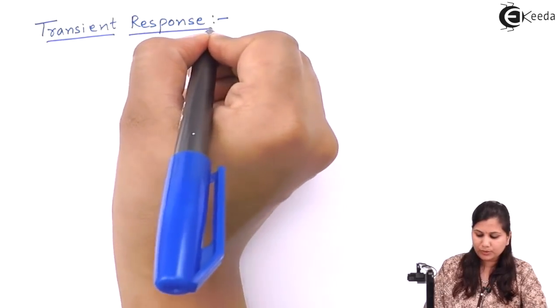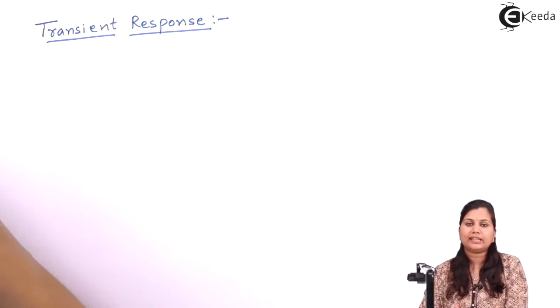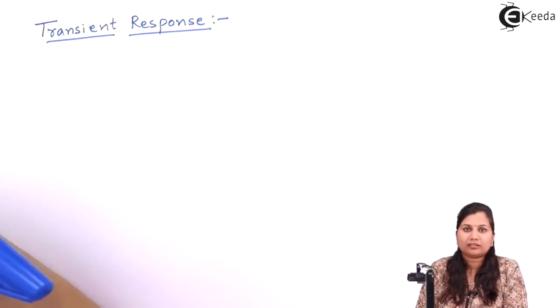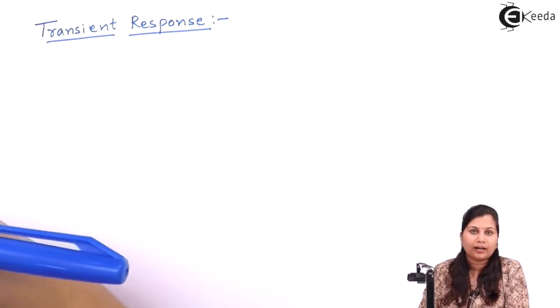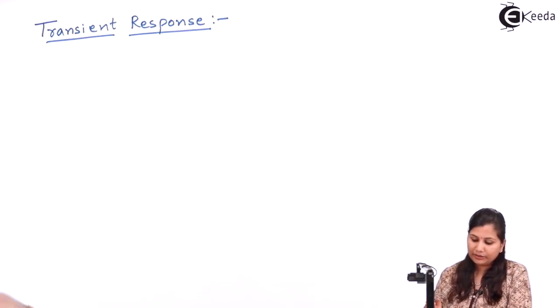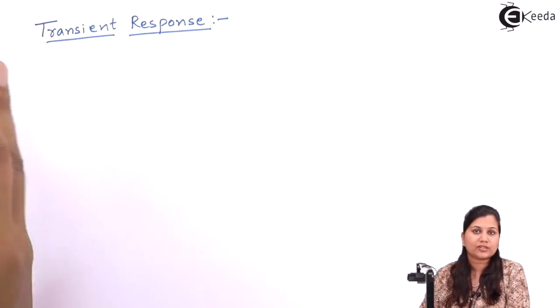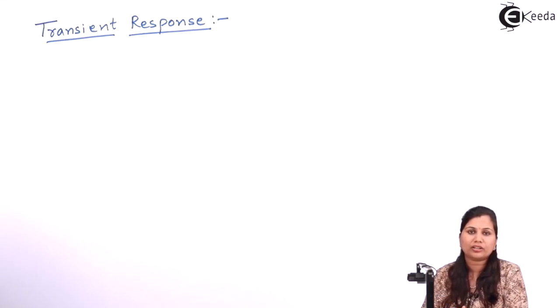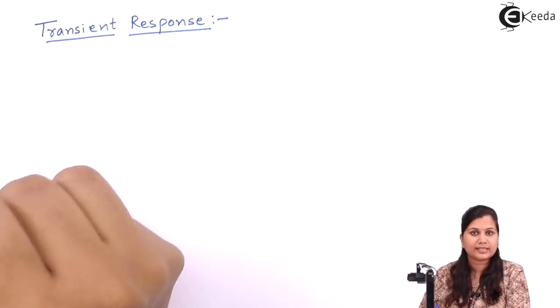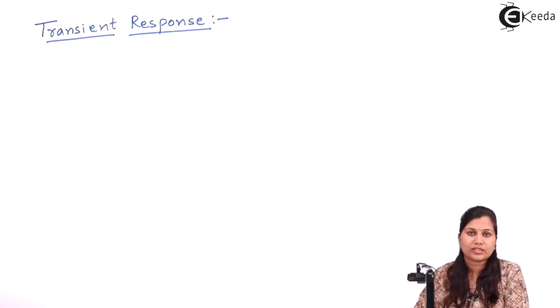Now, any control system will have energy storing elements in it, like inductors, capacitors, and mass. The control system is made up of all these energy storing elements, and we cannot avoid them.